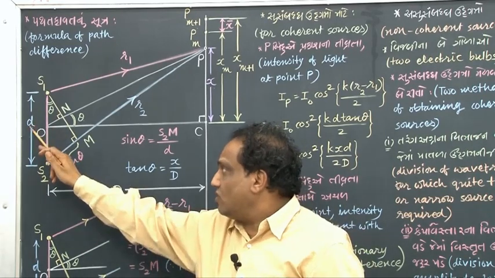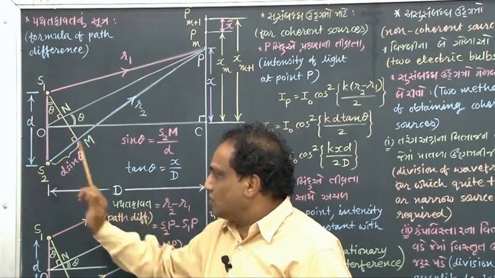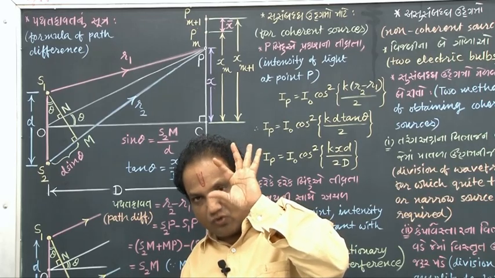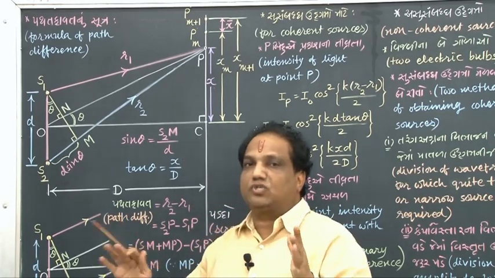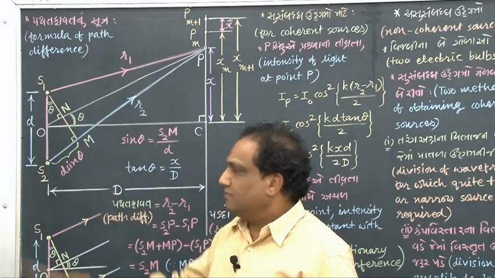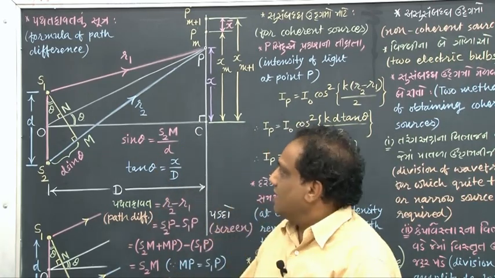Actually, these two point-like coherent sources you are supposed to consider almost adjacent. Here, just to have clarity in the figure, I have shown them far separated, but actually they are very close to each other.